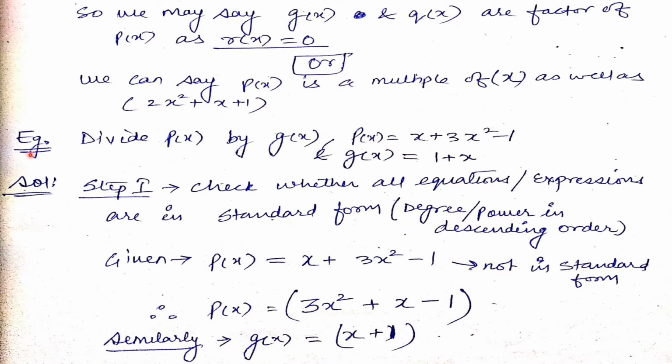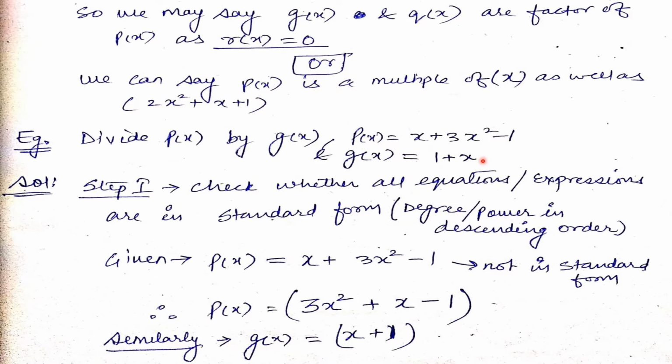Now let's solve an example. The example is: divide p(x) by g(x). What is p(x)? x + 3x^2 - 1. And what is g(x)? 1 + x. First thing in these questions of division, or whatever question you do on polynomials, always make a note that you have to write the polynomial in proper standard form.